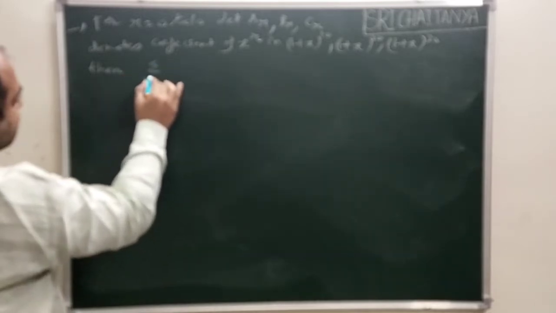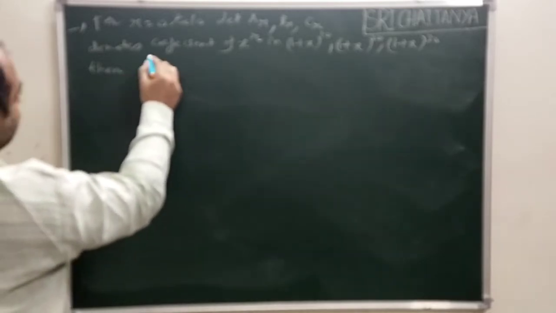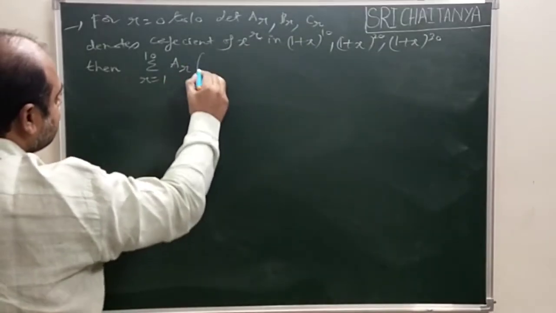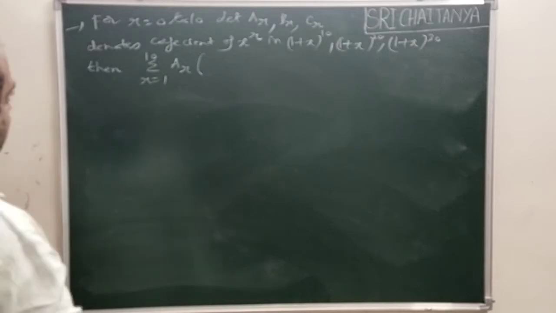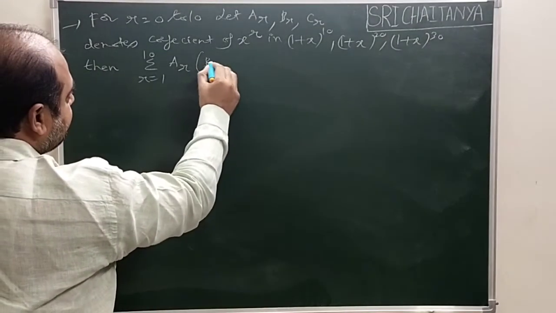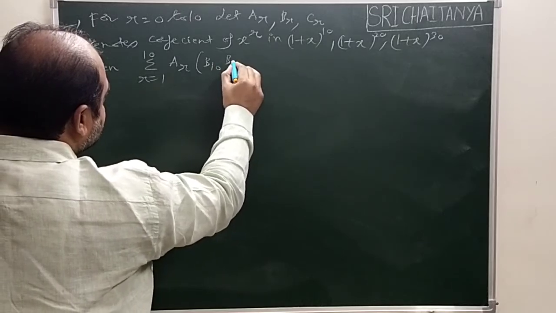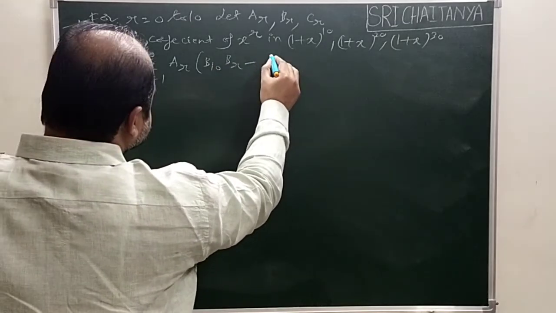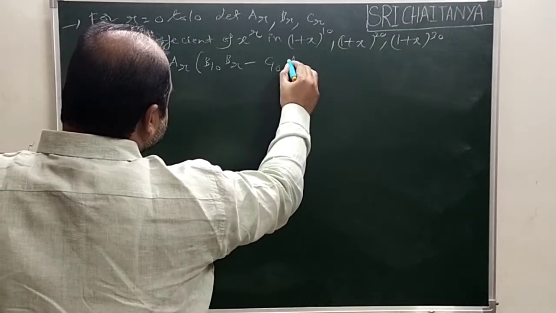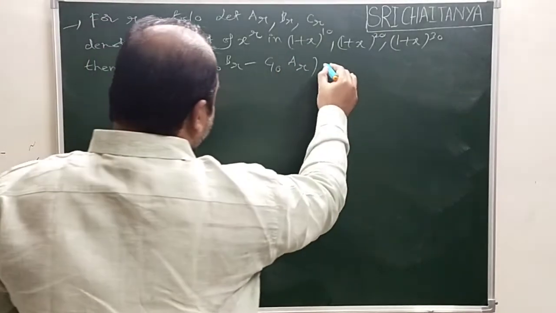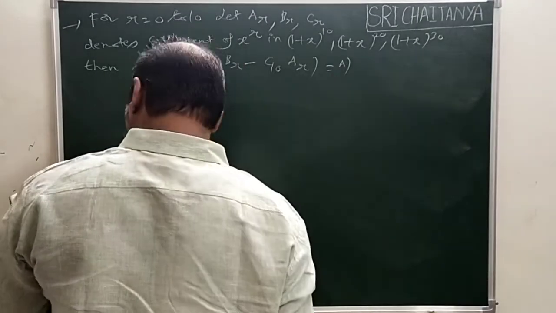he is asking sigma r equal to 1 to 10 of a_r into (b_10 into b_r minus c_10 into a_r). Options are given like this.